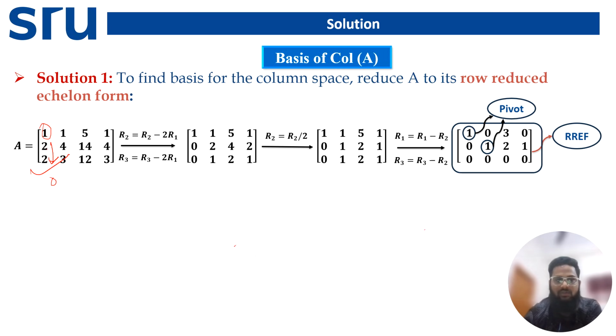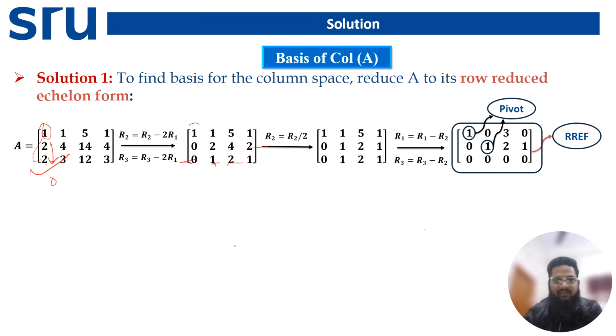To make these 0, you use row 2 is row 2 minus 2 row 1, so 2 minus 2 will be 0. Again, row 3 is row 3 minus 2 row 1, so 2 minus 2 will be 0. Using these 2 operations simultaneously, you get the below elements as 0. So 2 minus 2 is 0, 4 minus 2 is 2, 14 minus 10 is 4, 4 minus 2 is 2, then 2 minus 2 is 0, then 3 minus 2 is 1, 12 minus 10 is 2.